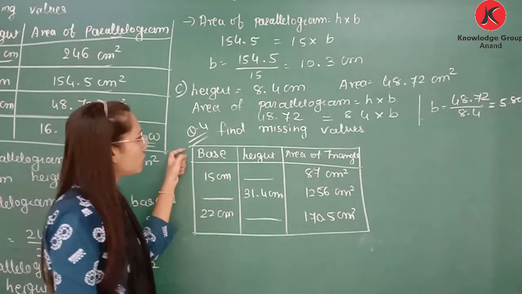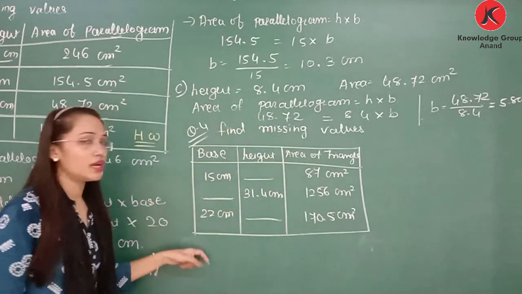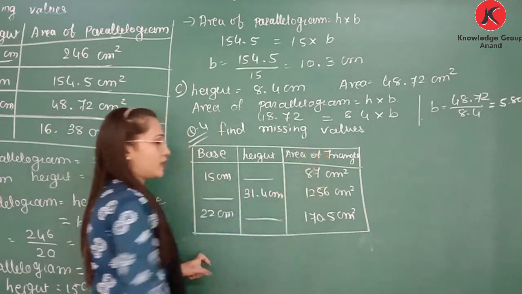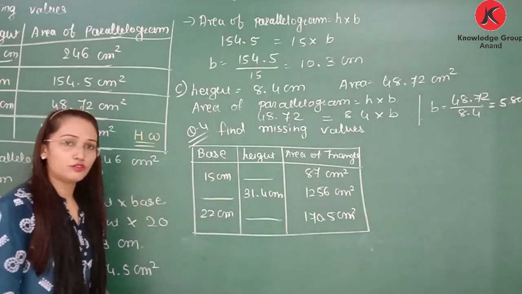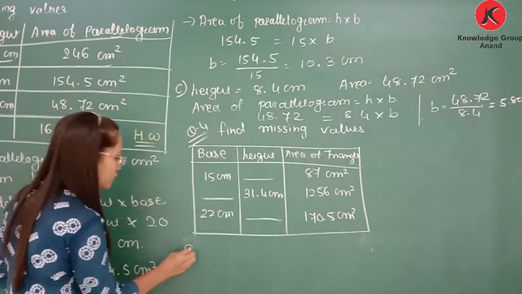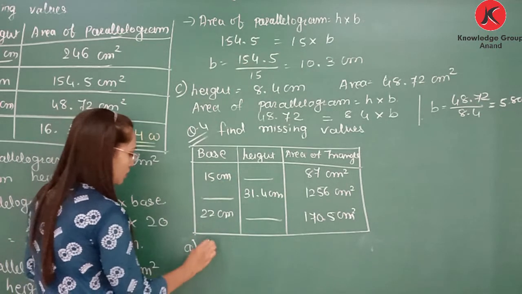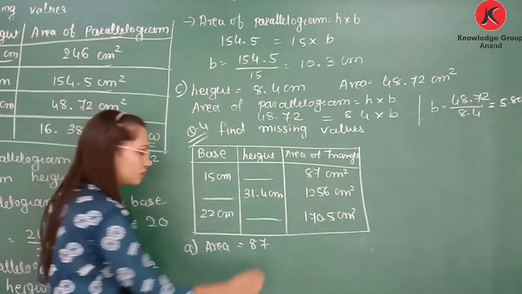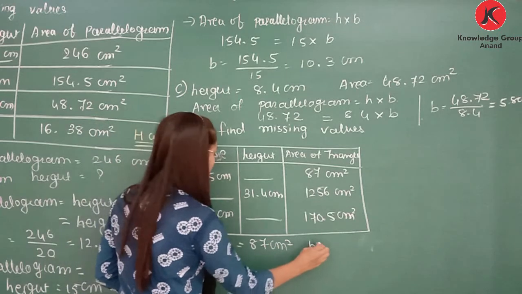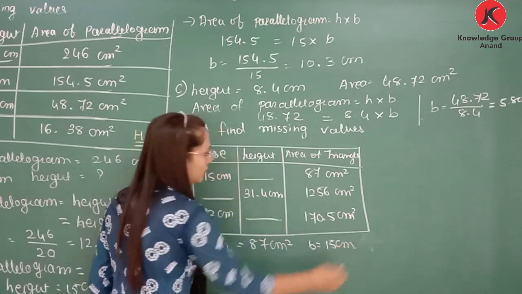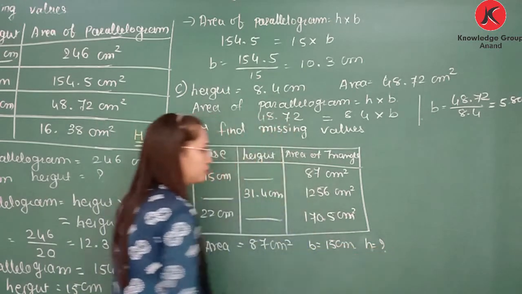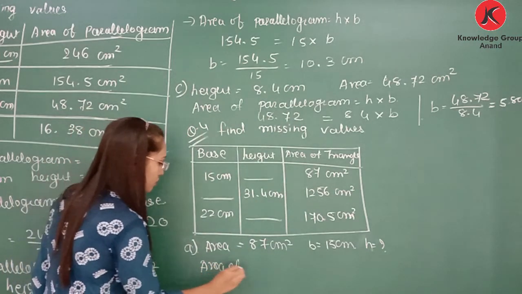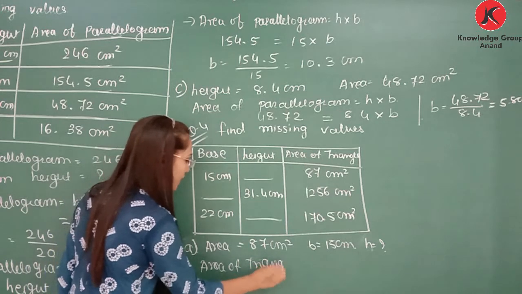Now question number 4: find the missing value. Here the area of a triangle, base, and height are involved. From these three values you need to find one unknown value. Let's start with the first. Area is given 87 centimeters square and base is given 15 centimeters. Height we need to find. What is the equation for the area of a triangle?